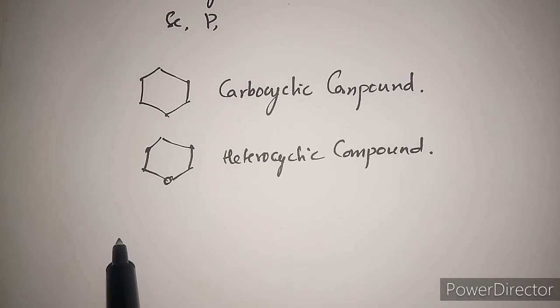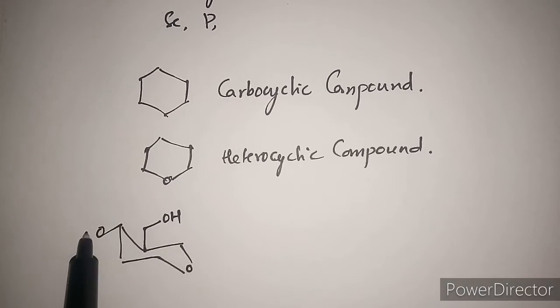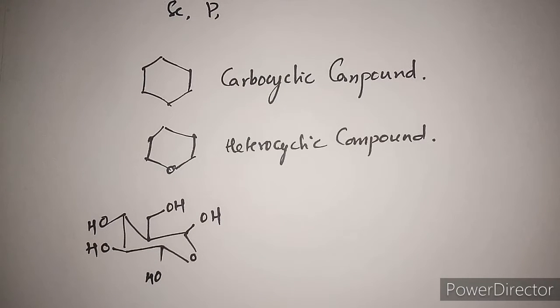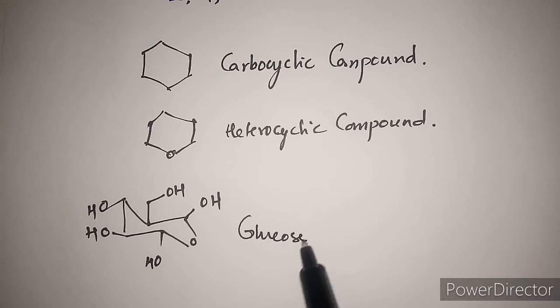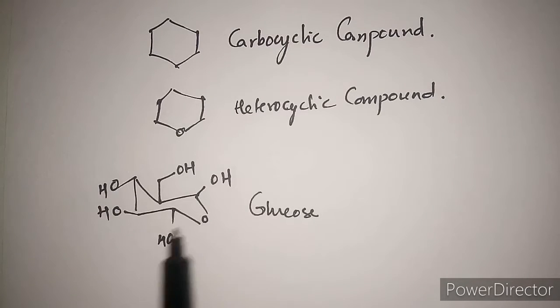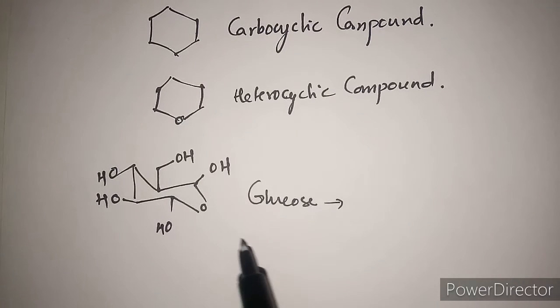Now, another example. This has oxygen, OH, OH. This is actually a carbohydrate, glucose. It has a ring structure with one oxygen atom. Can we call it a heterocyclic compound? The answer is obviously no. Why?